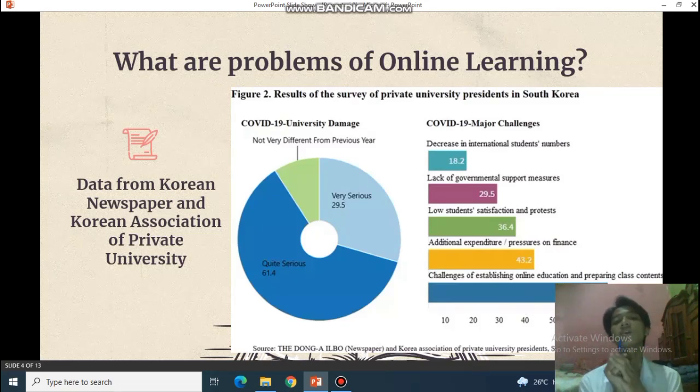So these are some of the problems of online learning, but actually there are a lot more, and I think I'll mention them in the next few slides. But this is what the problems of online learning are in Korea, and I think many nations or many countries can relate to this kind of problems, because we do the same activity when it comes to online learning.